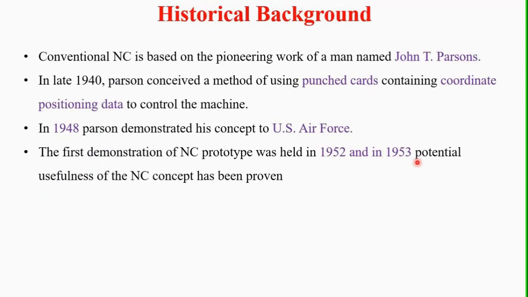This is called numerical control, which was developed in the 1940s. In 1948, he demonstrated his concept to the US Air Force, and in 1952 the first prototype of the NC machine was developed. In 1953, the usefulness of the NC concept was proven. This is the historical background of NC.